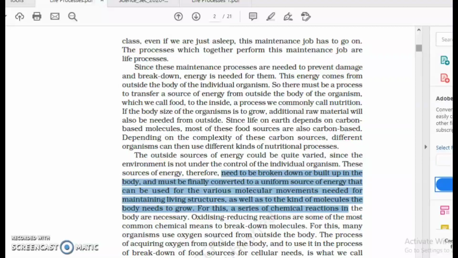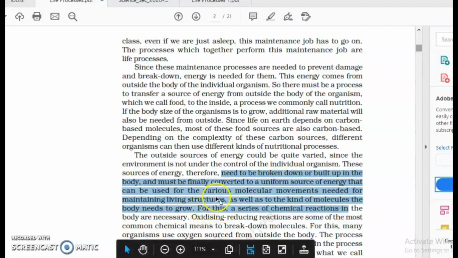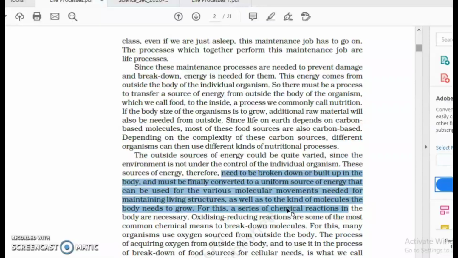That living organisms, individual organisms, they need to break down this carbon source raw material, or what we call food, to release energy, energy which will empower molecular movements, maintain living structures, and as well as form other kinds of molecules. So this will require some energy reactions, essentially oxidizing and reducing reactions.